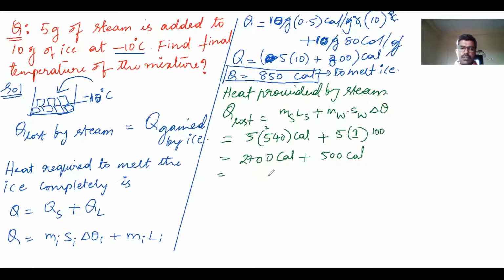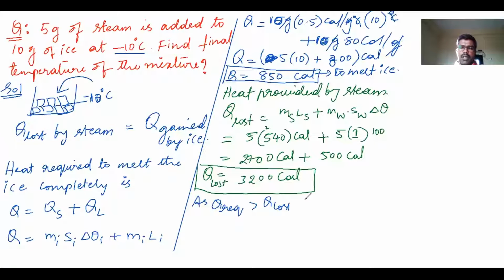This is equal to 3200 calorie lost. But out of 3200 calorie, how much heat energy is required to melt the ice completely? Only 850 calorie is required to melt the ice. So out of total heat energy lost by the steam, required is only 850. So therefore, remember here, as Q lost is greater than Q required, ice completely melts.